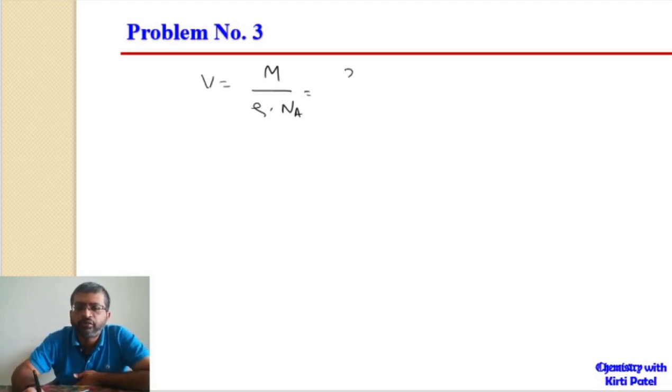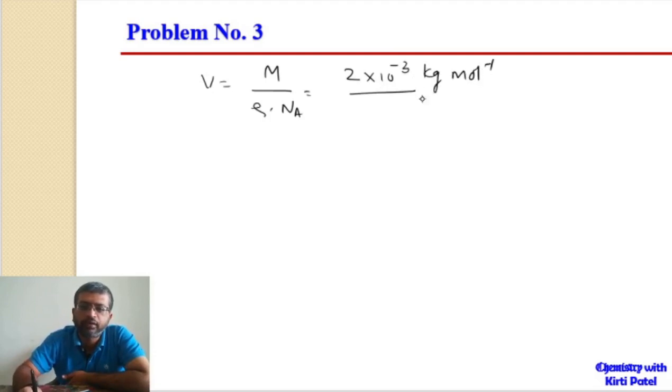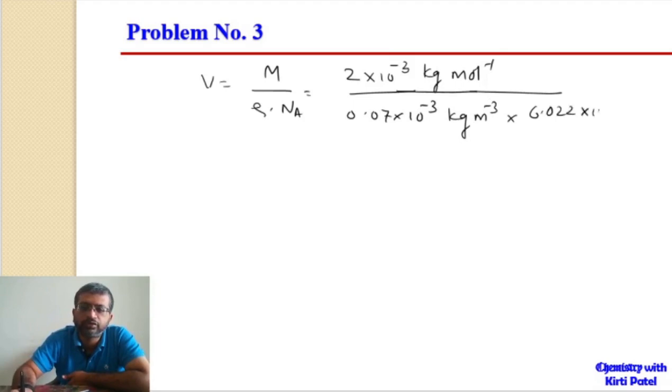This will be 2 grams, the molecular weight of hydrogen, so it will be 2 into 10 raised to minus 3 kilograms per mole, divided by rho, which is 0.07 into 10 raised to minus 3 kilogram per cubic meter, into Na, 6.022 into 10 raised to 23 molecules.